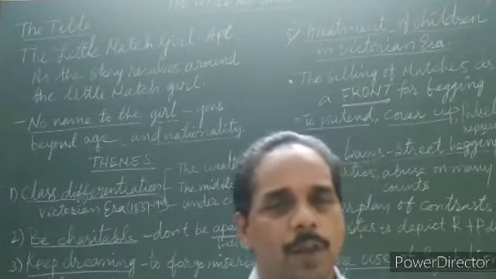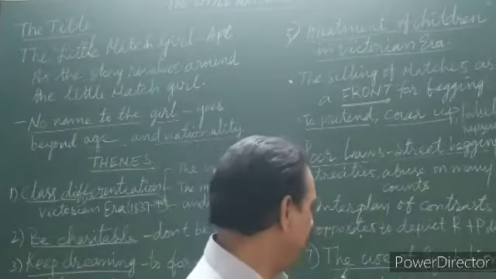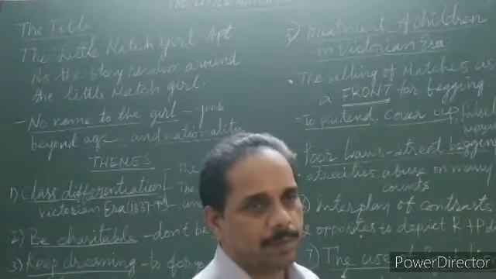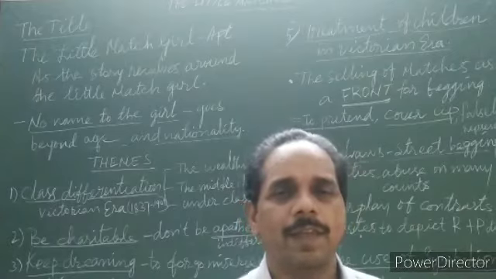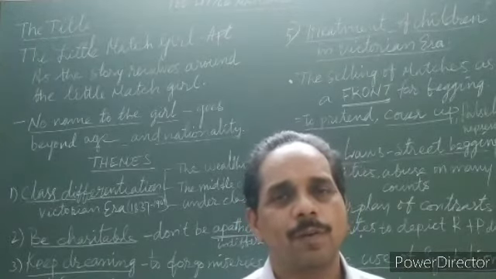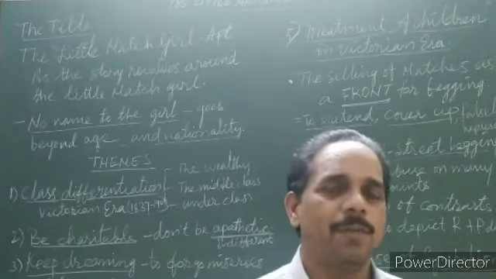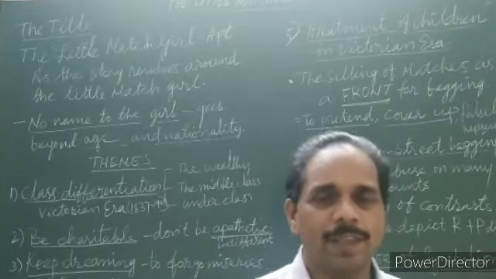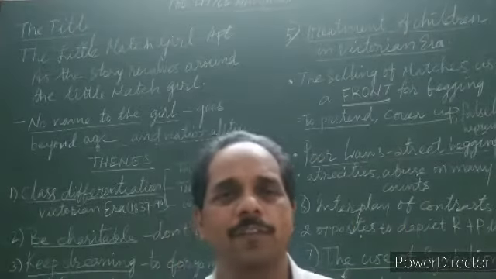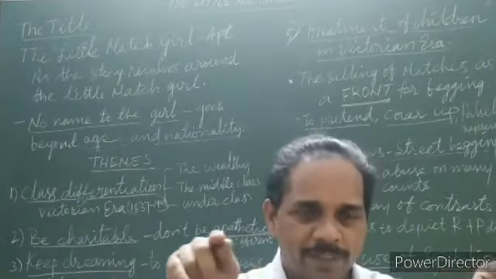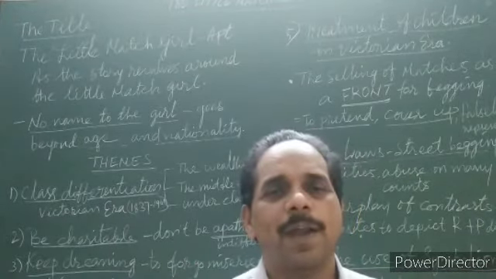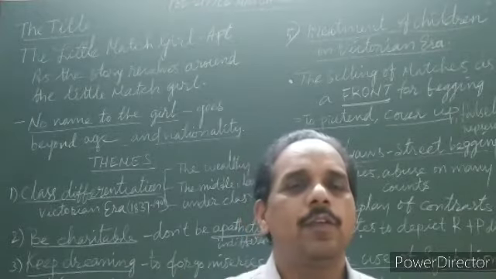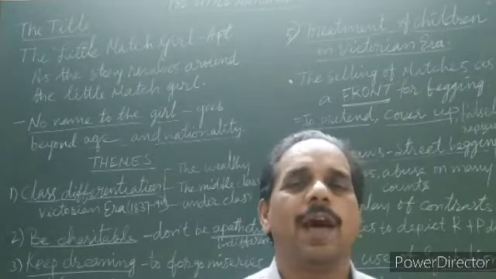It uses lots of symbolisms. For example, the word cold, C-O-L-D. Cold is absence of warmth. Why is it symbolic? It is not only the absence of heat, but absence of human warmth and human love.